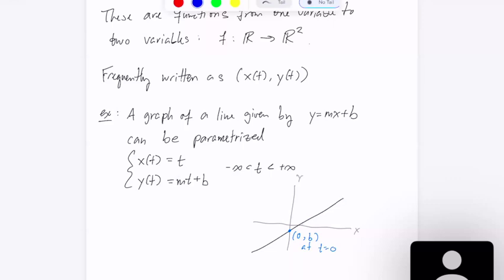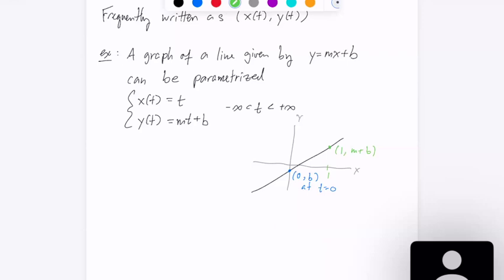If m is positive, for example, as t increases, x is going to increase along with t, and y I'm going to read off as m times t plus b. So if t equals 1, then I'm going to be at 1, m plus b.